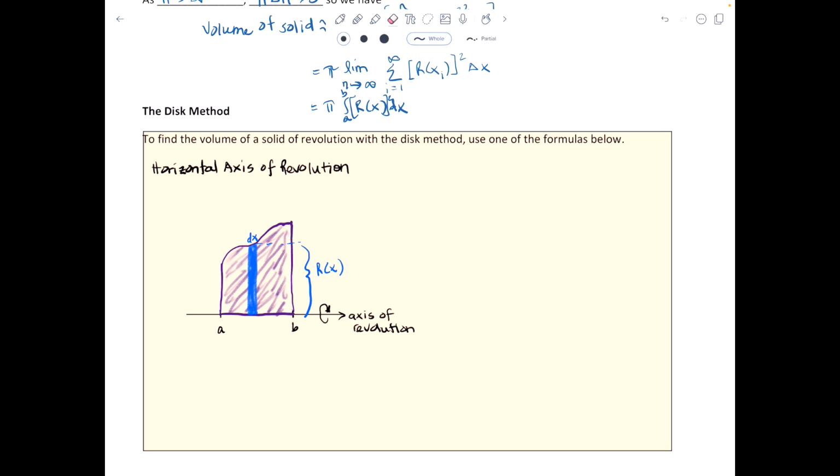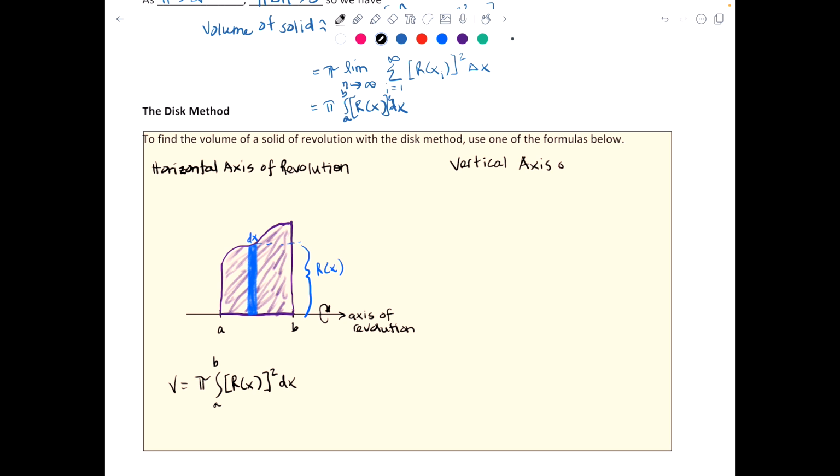And our volume will be equal to pi times the integral from a to b of capital R at x, squared dx. Now for a vertical axis of revolution, it's kind of cool.